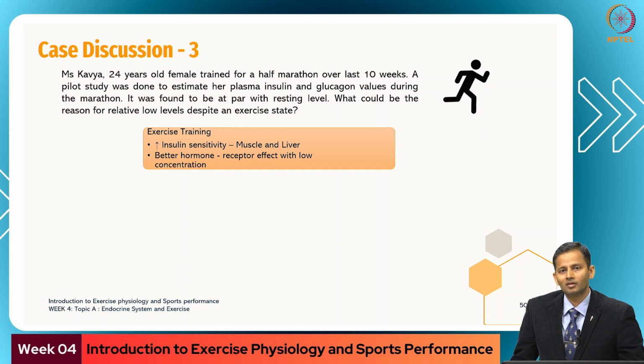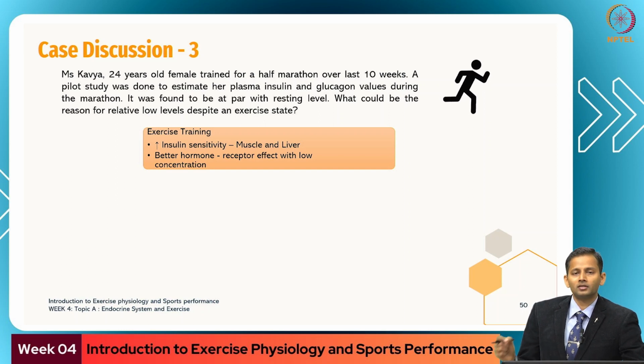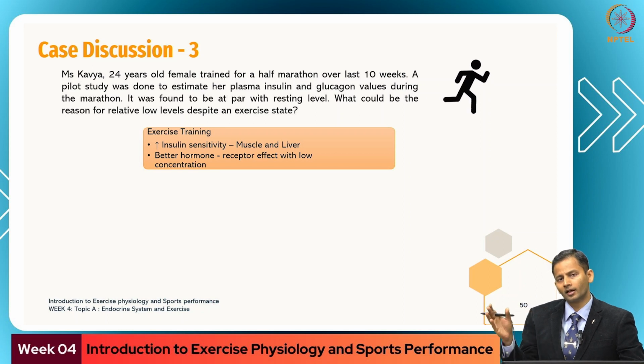So with exercise training, there is increased insulin sensitivity, which we have discussed previously, and this increased insulin sensitivity is there in both muscle as well as in the liver, and this causes a better hormone receptor affinity, which results in better desired action at a very low concentration itself.